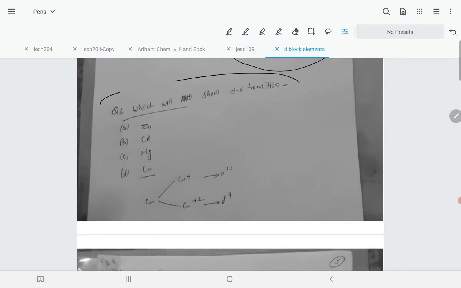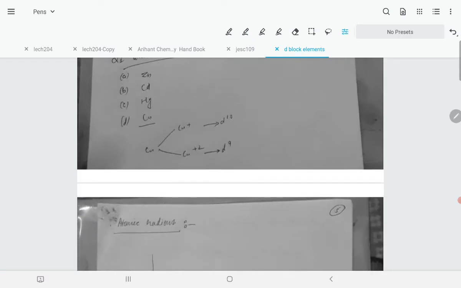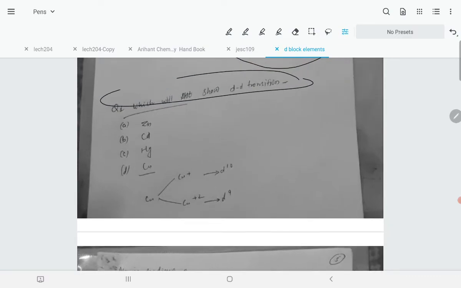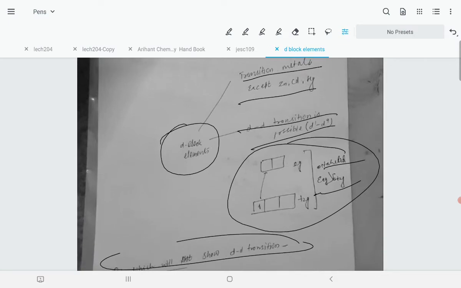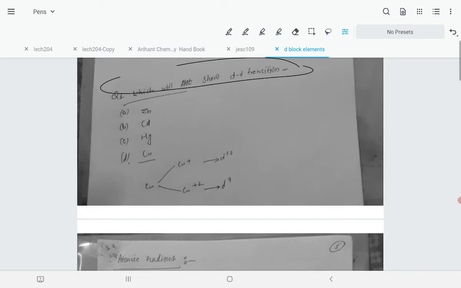Zinc, cadmium and mercury will not show d-d transition; copper in the +1 state will not show it either.